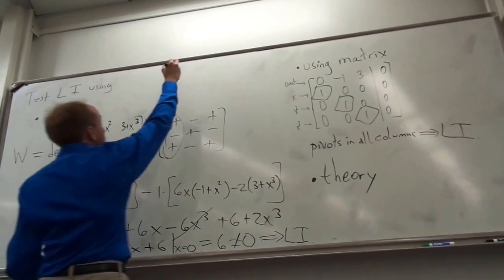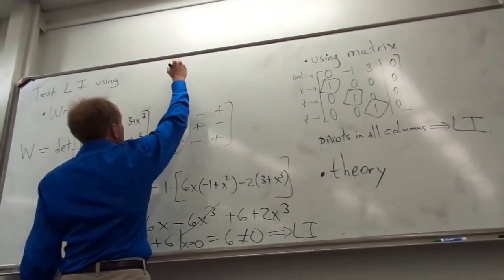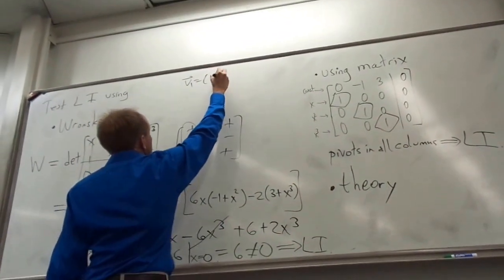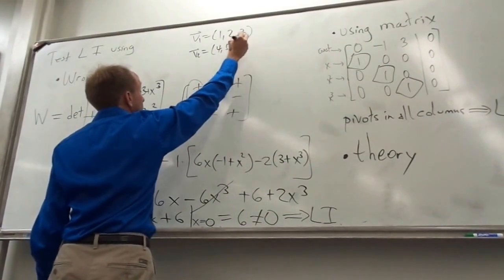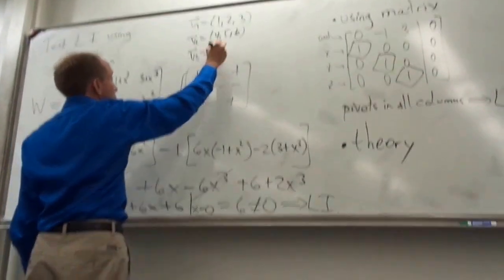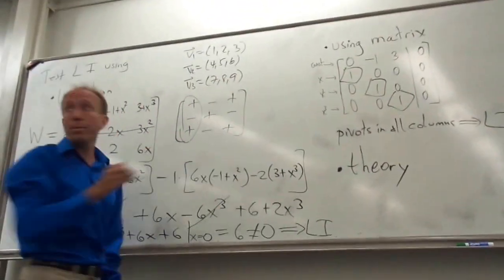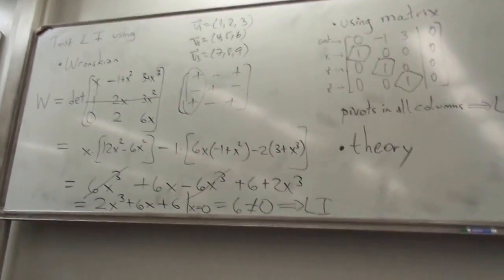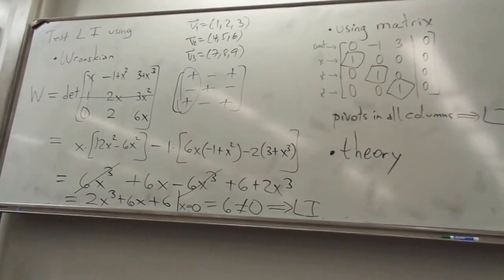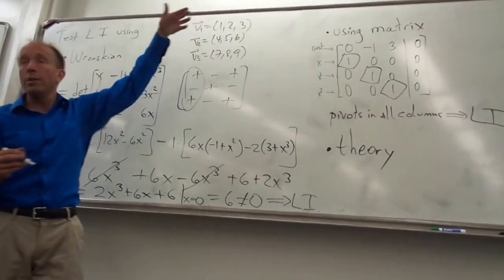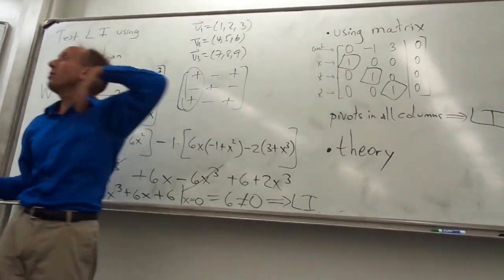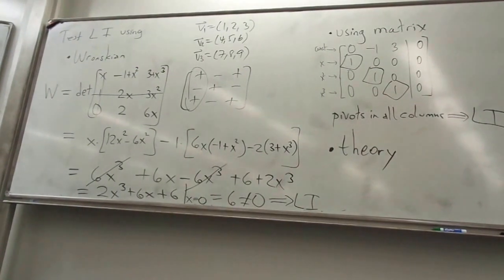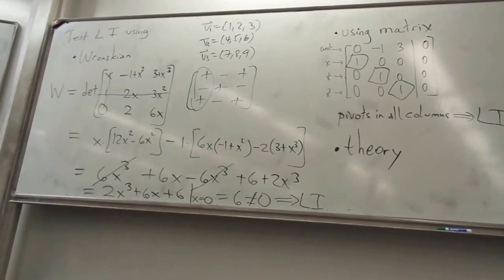The classic example of that is the vector 1, 2, 3, 4, 5, 6, 7, 8, 9. We actually used this example earlier in the semester, and what I said about that is, okay, the first two vectors are not multiples of each other, the second and third vector are not multiples of each other, and the first and third vector are not multiples of each other, but they are still an LD set.